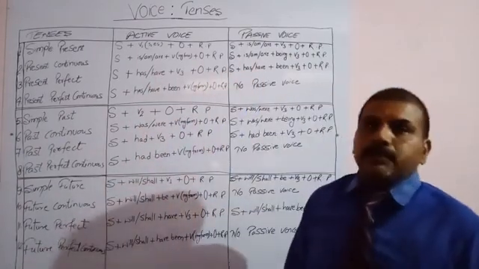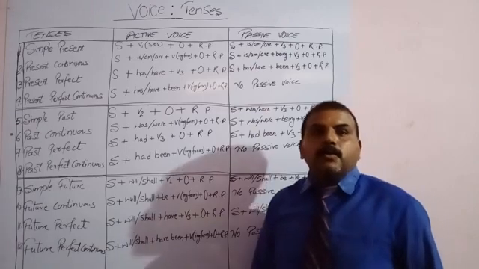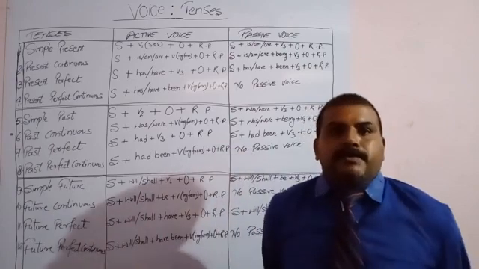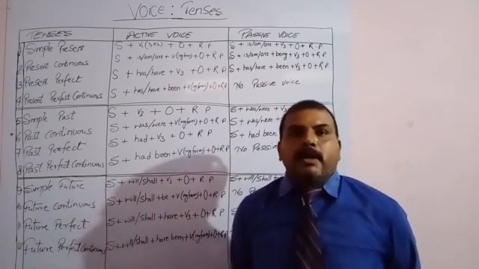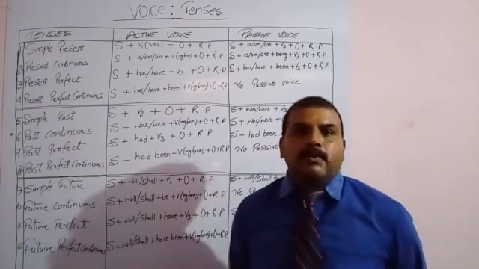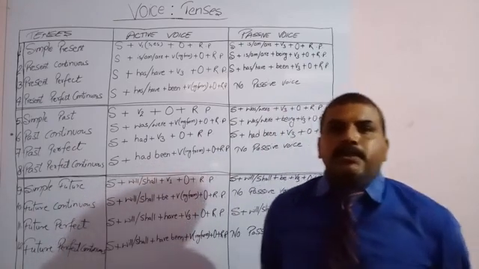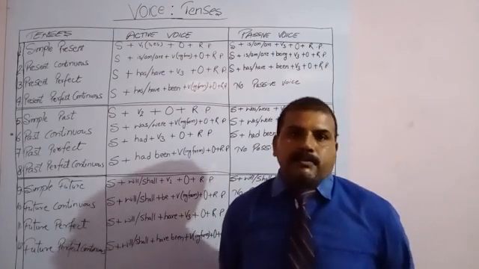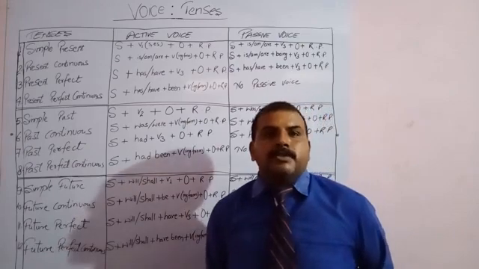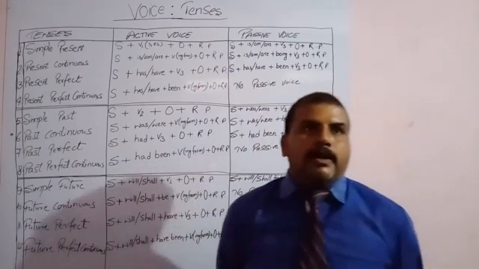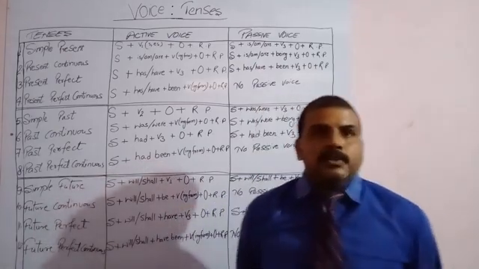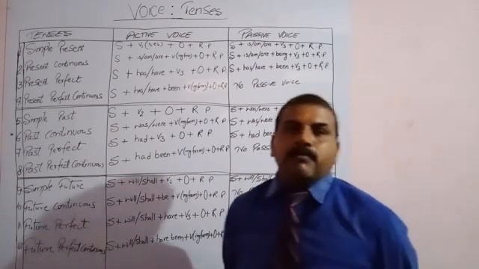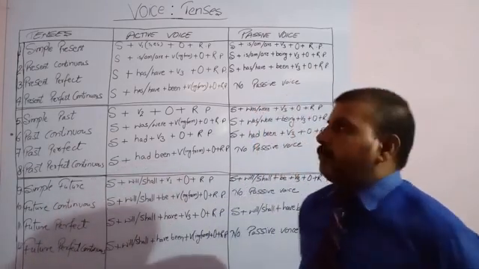I taught you what is meant by active voice and passive voice, the definitions, and also how to identify them. For this, you have to make sure about the verb and its form. So let's check out the same topic today.